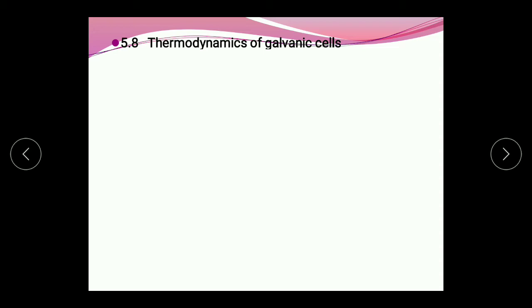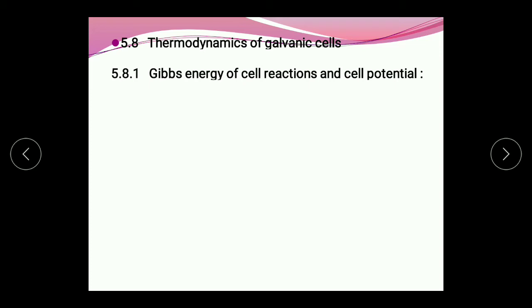The first concept which we are going to relate is Gibbs energy. Do you remember it? So, Gibbs energy of a cell reaction and cell potential can be related. For that, some important formulas are required.